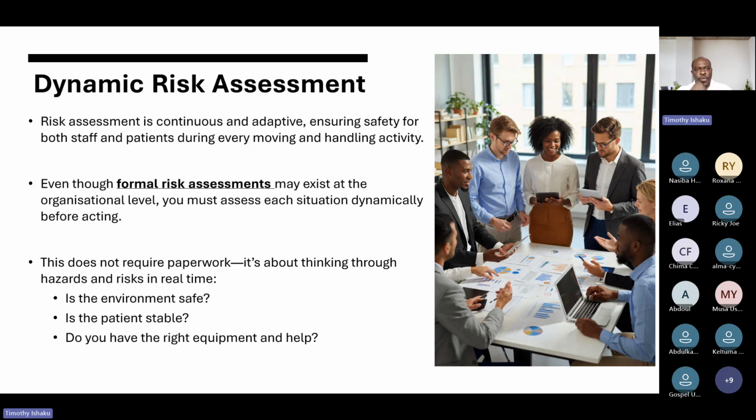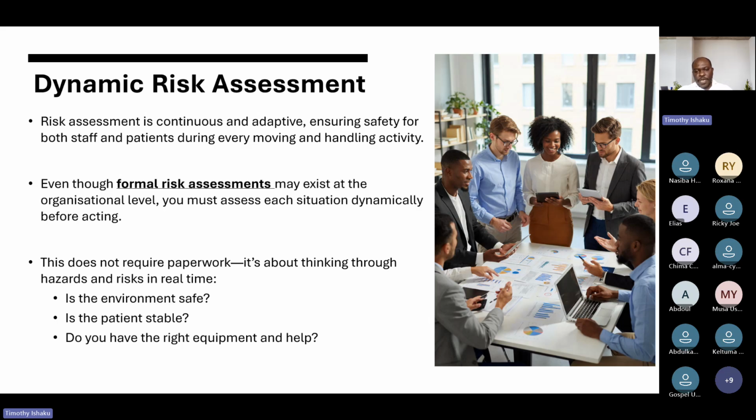So even though we have a formal risk assessment, which may or may not exist, we must, as individuals, when we are seeing those patients, assess each situation dynamically before acting.